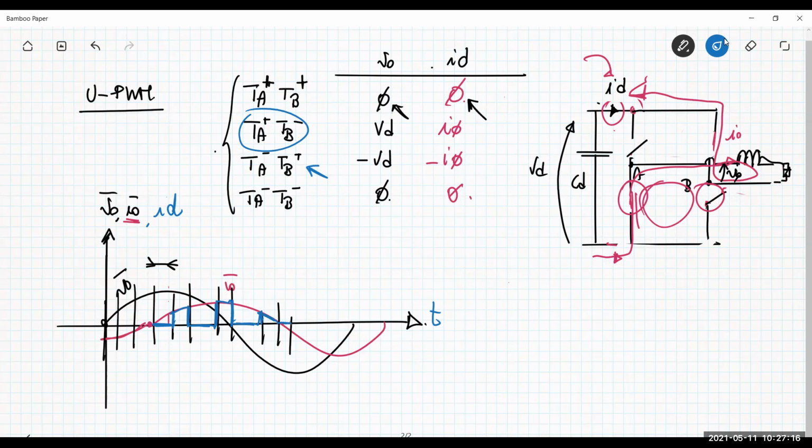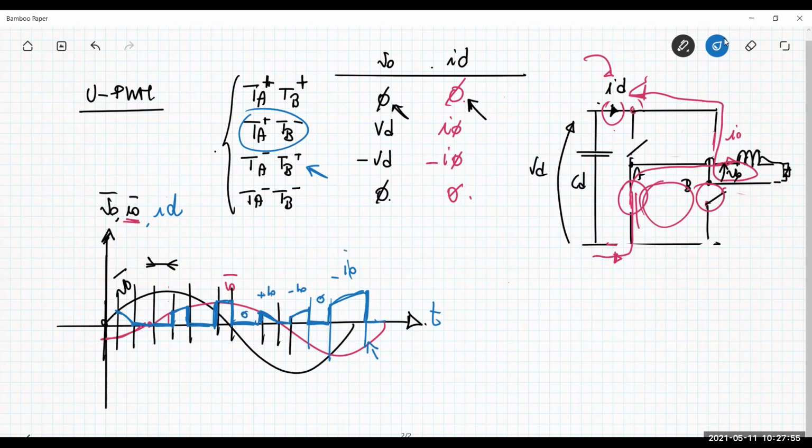And then here the current is negative, so you have negative I naught, zero, negative I naught, zero, etc. So you have a behavior of the current ranging over three different levels: negative I naught, zero, or plus I naught.